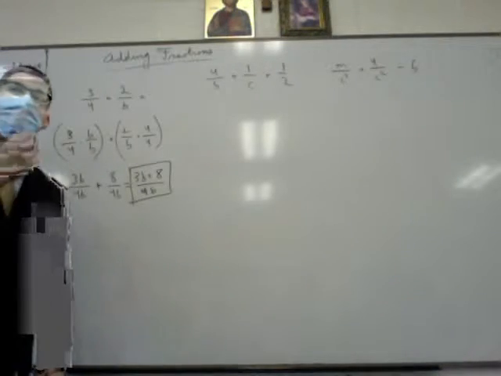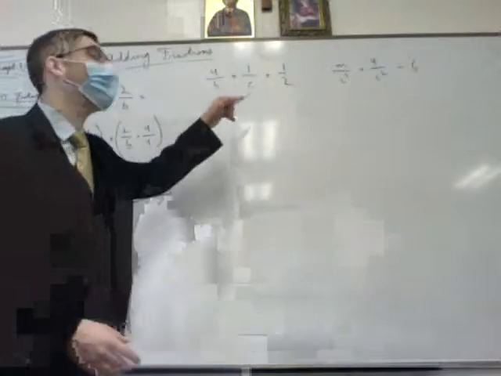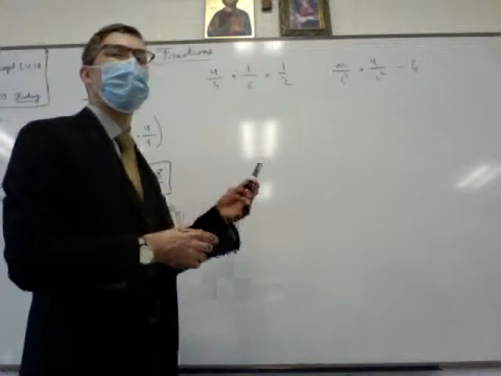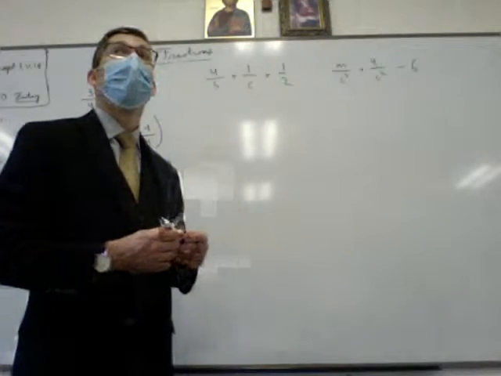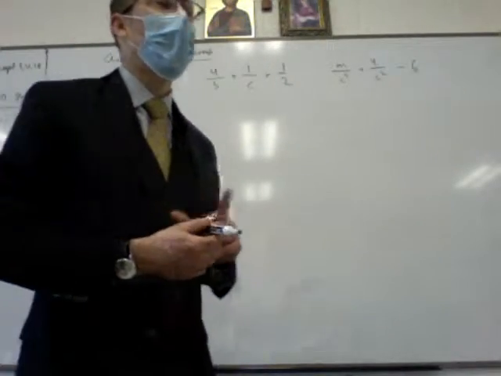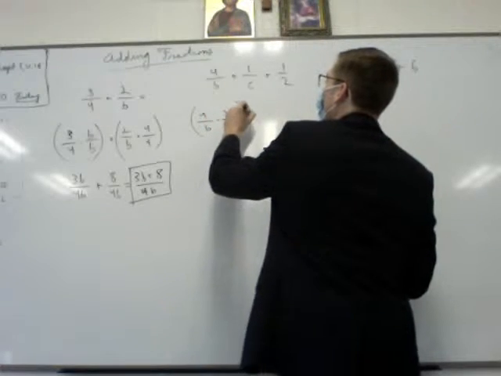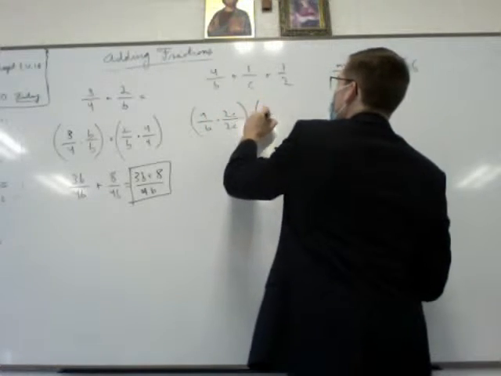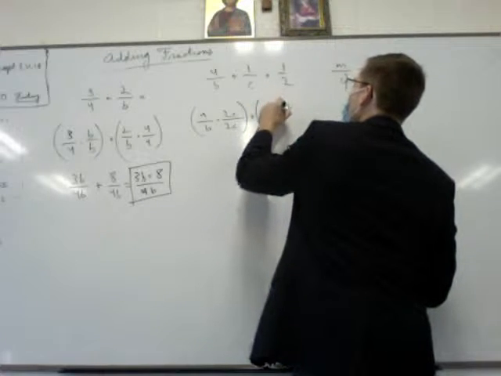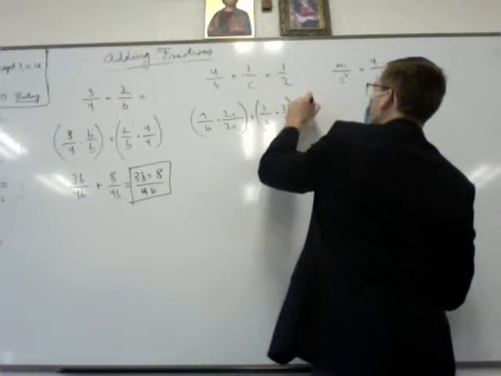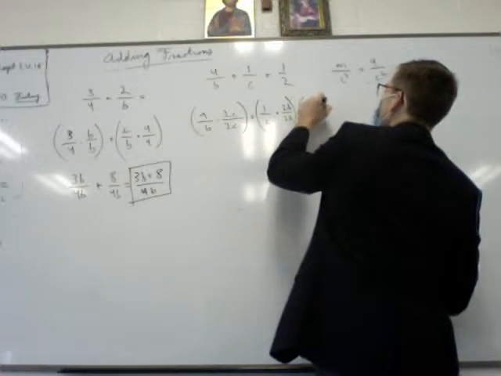We need to get them to have a common denominator. What's the least common multiple of these 3 denominators? 2bc. That's the least common multiple of these 3. 1 over c is going to need to be multiplied by 2b over 2b, and 1/2 is going to need bc over bc.